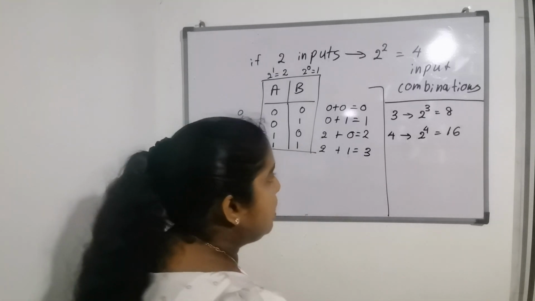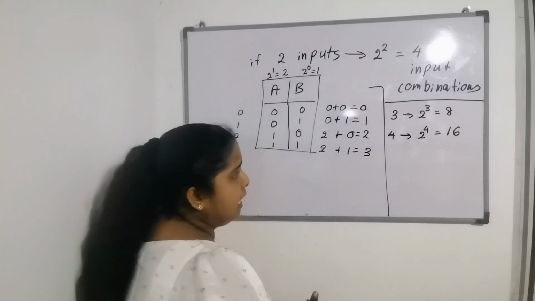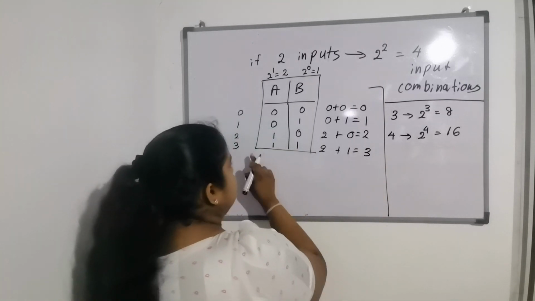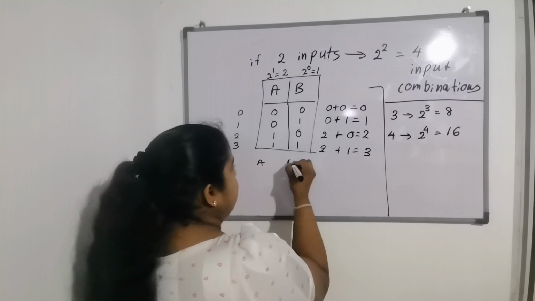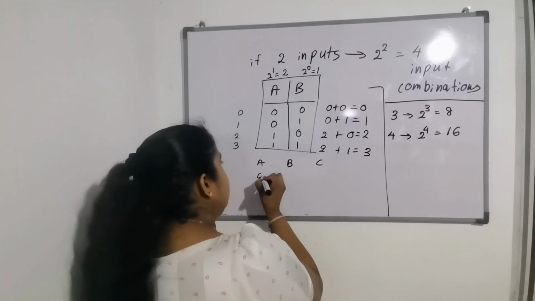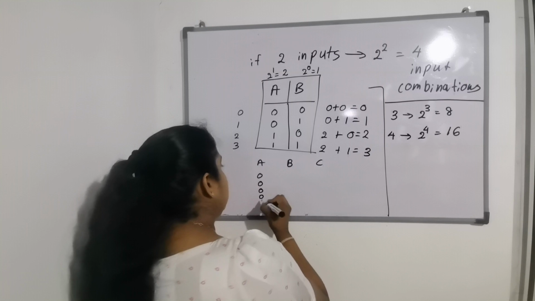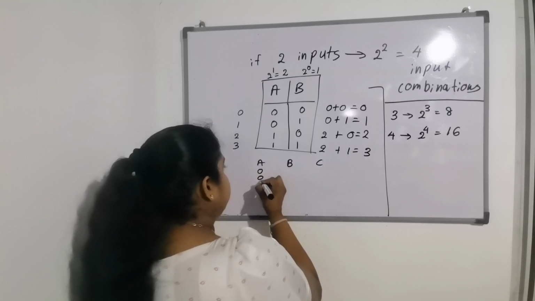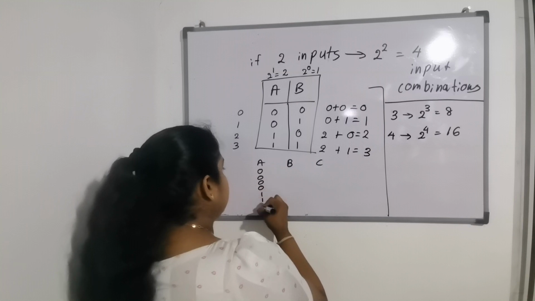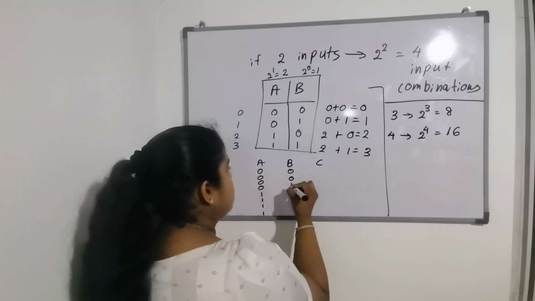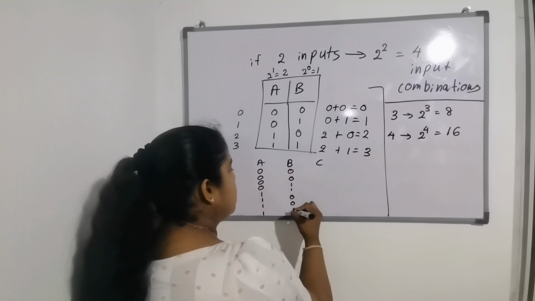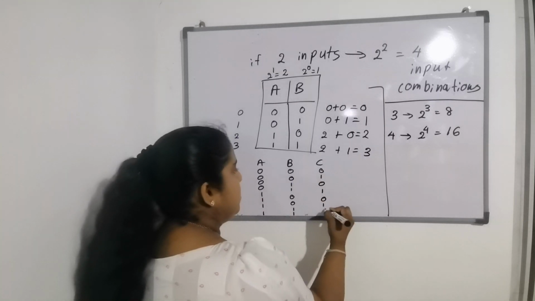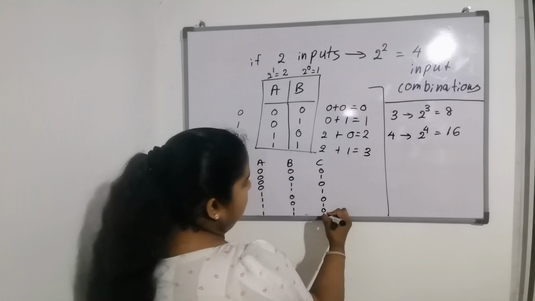If you visualize it, when there are 8 input combinations, you can remember it using a pattern. Let's try A, B, C. Here 4 zeros, 4 ones. The space is not enough. Then 2 zeros, 2 ones, 2 zeros, 2 ones, and 0, 1, 0, 1, 0, 1, 0, 1.